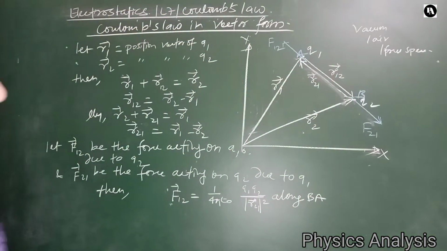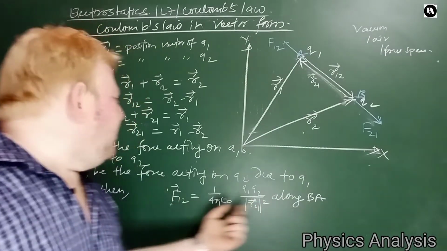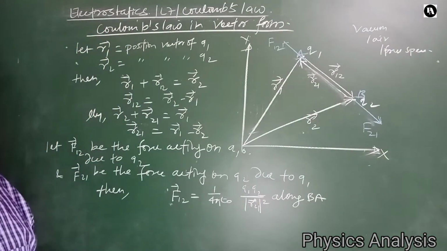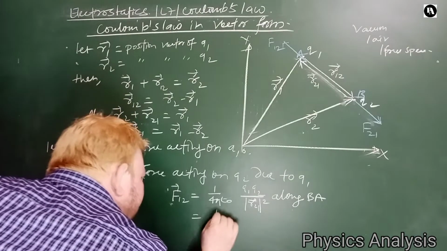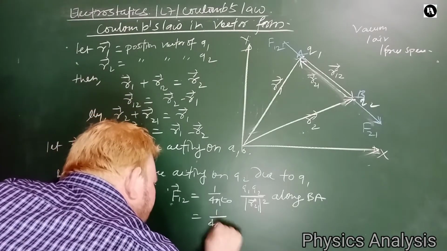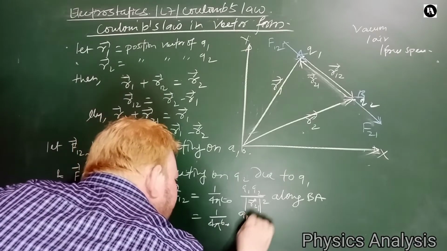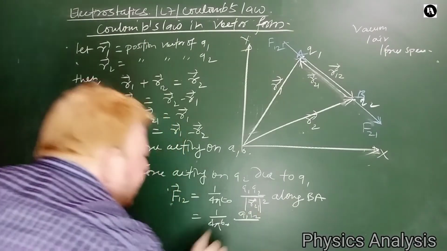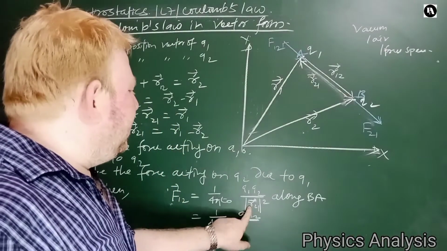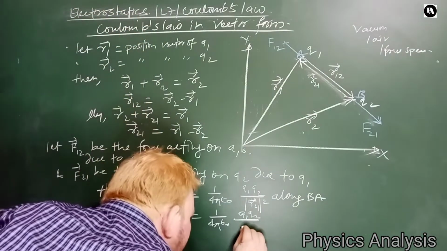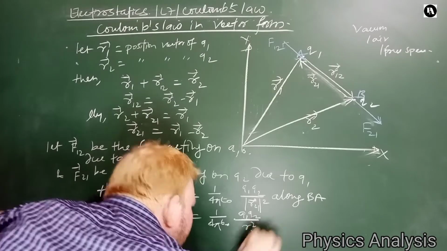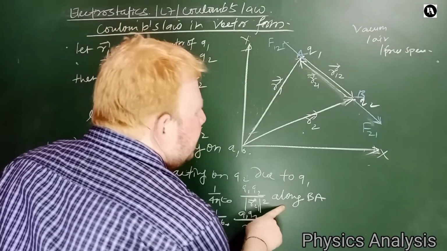Understood? Showing direction, this is the vector form. So I can write F is equal to 1 by 4 pi epsilon naught Q1 into Q2 by, this one I am writing in magnitude only, so R21 square, and this one is along BA.